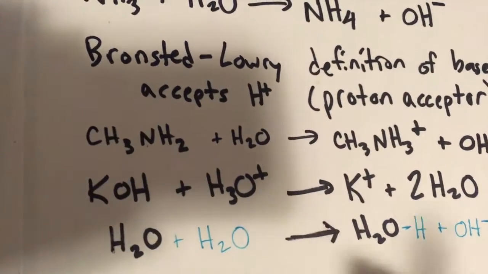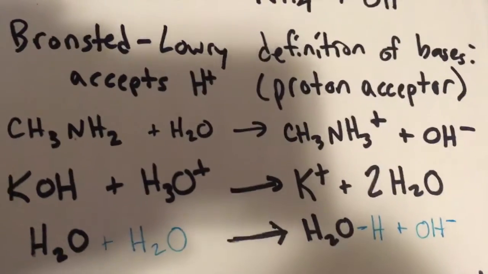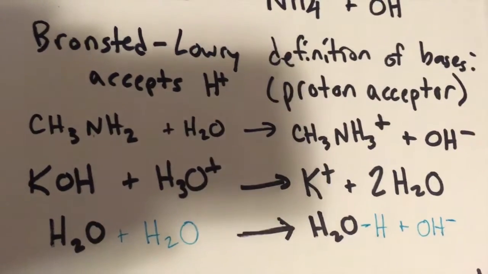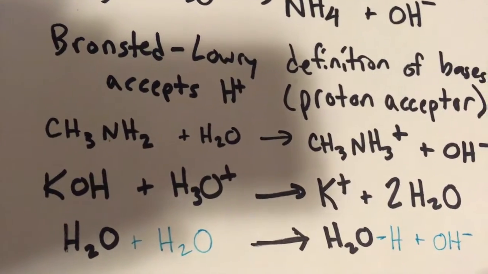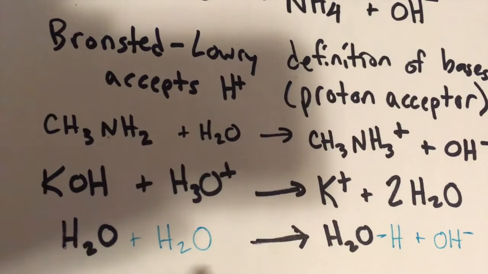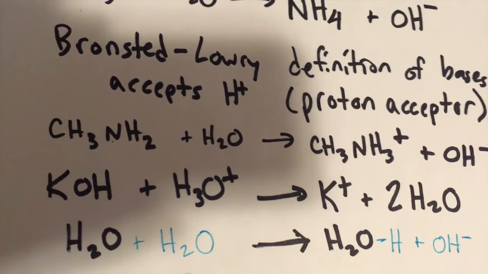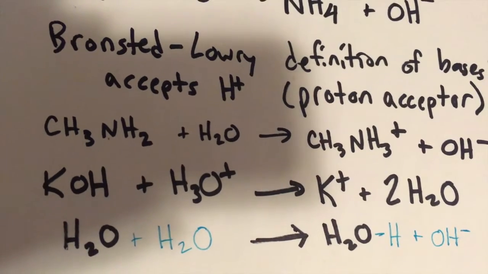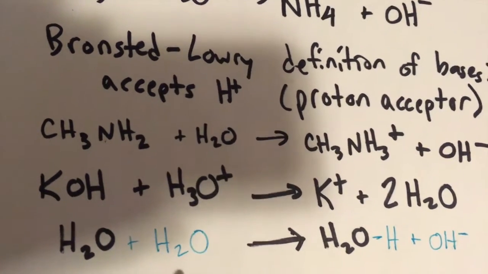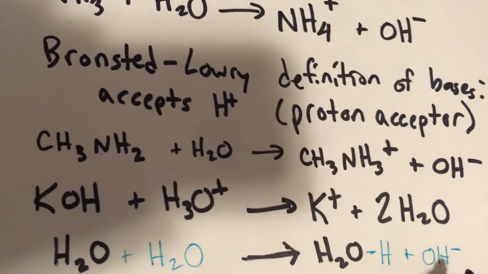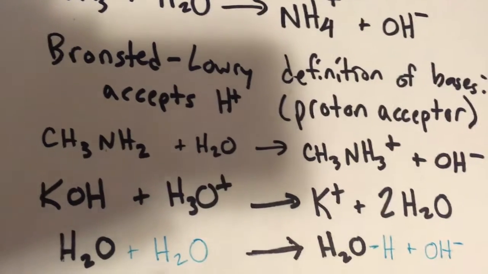This is an example of a reaction in which water is acting like both an acid and a base, right? Let's think about which of these waters is acting like the acid and which one's acting like the base. So remember, acids lose H+. So which of these molecules lost H+? Well, we can see in the products, the blue one is the one that lost the H+.